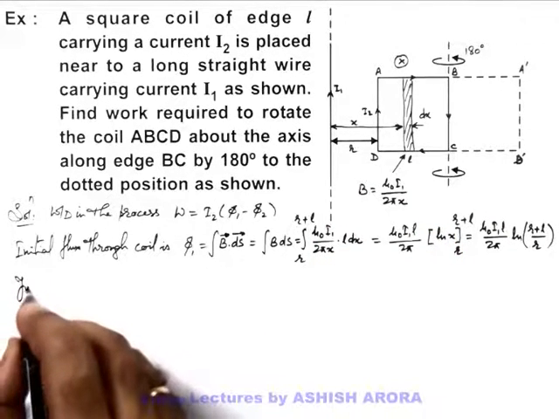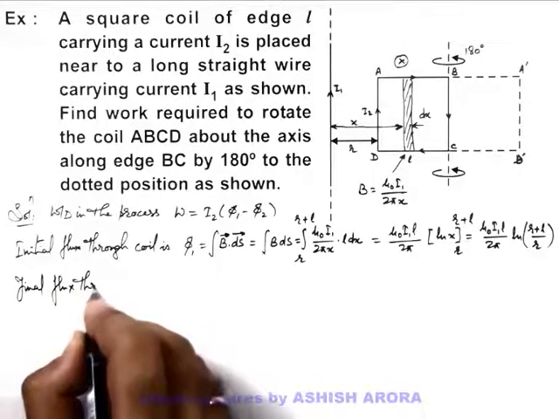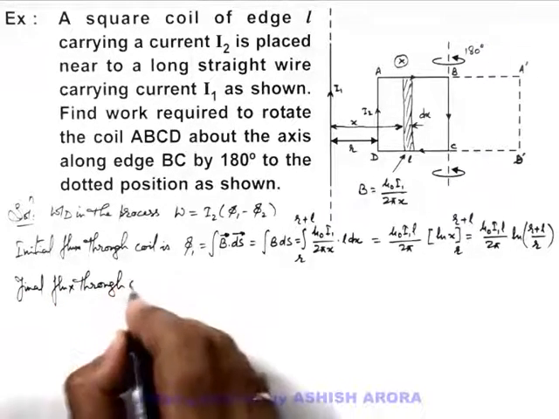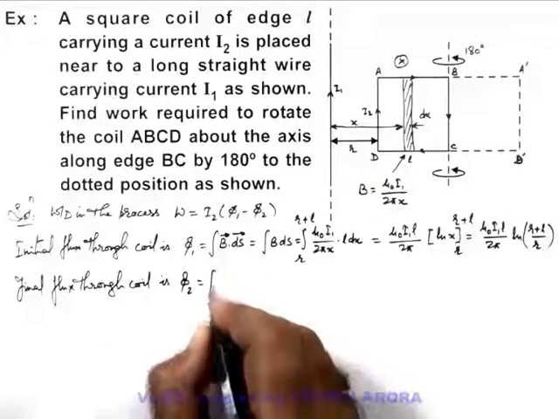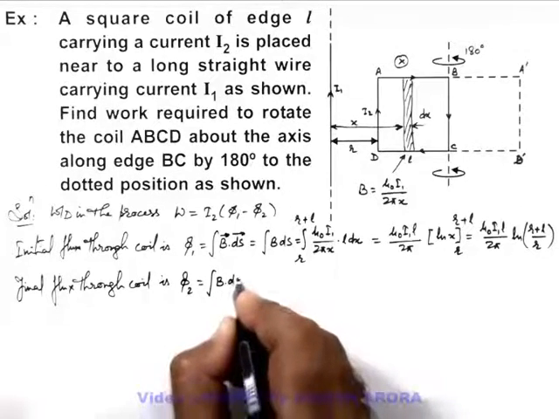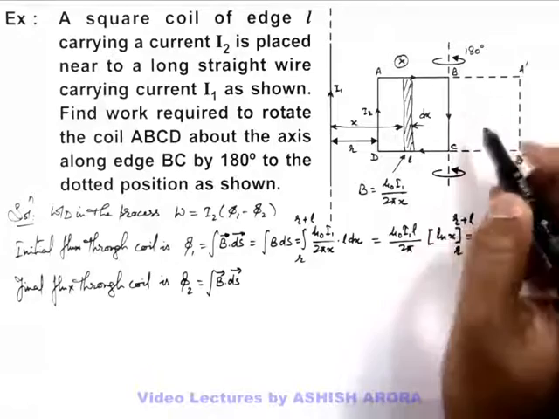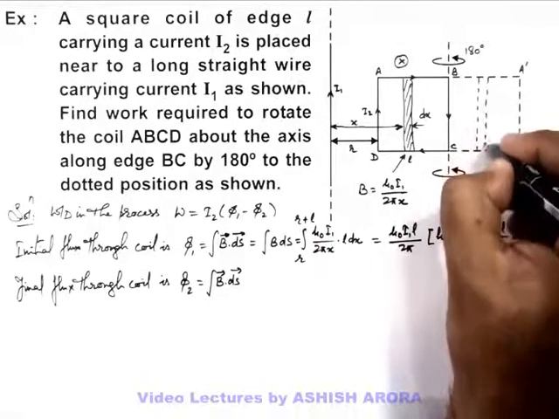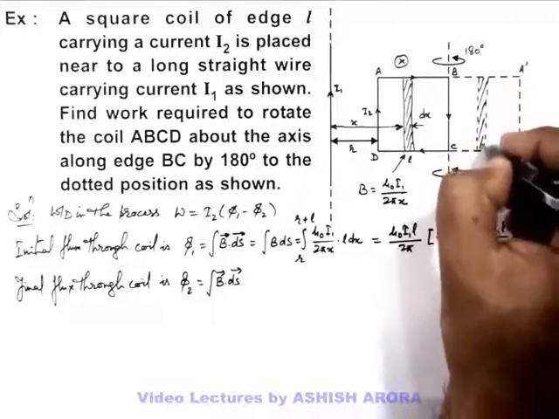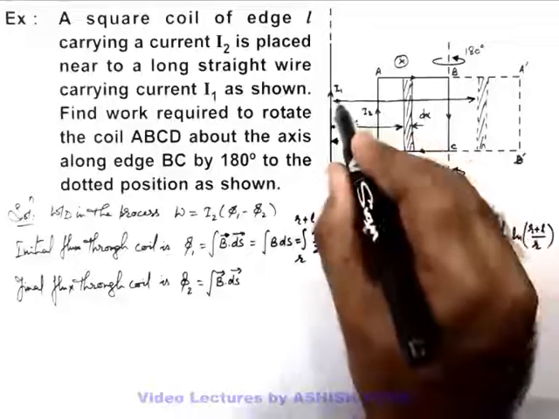Similarly, if we calculate the final flux through the coil, this can be given as phi2, which is again the integration of B dot dS. When you consider an element in this final state, we consider again an elemental strip at a distance x from the wire.